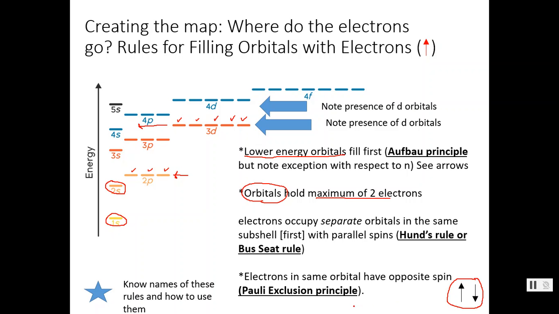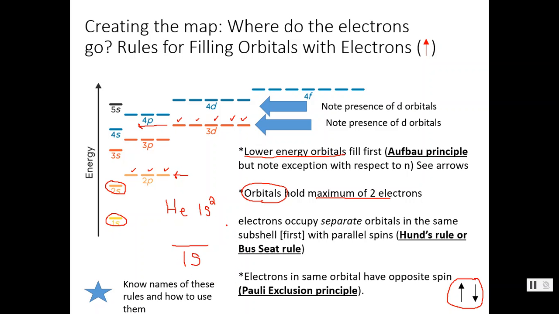So, for example, I'm going to do one quick example now. We'll do a few more examples in the next video. If I was to ask for the orbital diagram of helium. Helium, if you look at your periodic table, its electron configuration is 1s2. The orbital diagram for that, I'm just going to draw a line here for my 1s orbital.